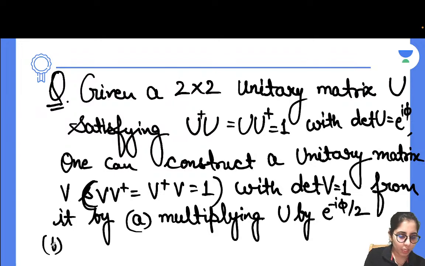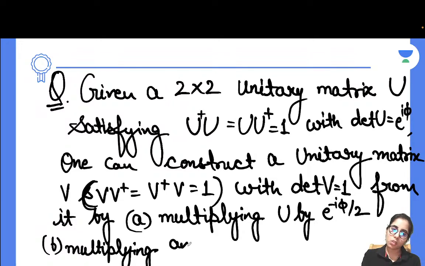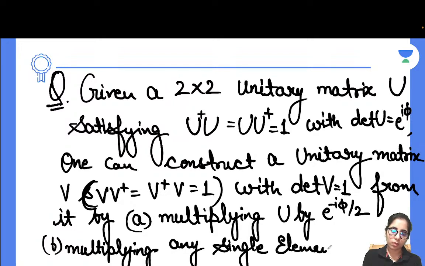And the option B is multiplying any single element of U by e to the power negative iota phi.